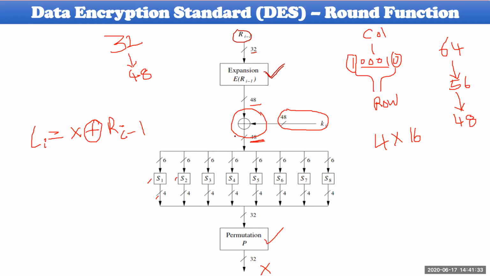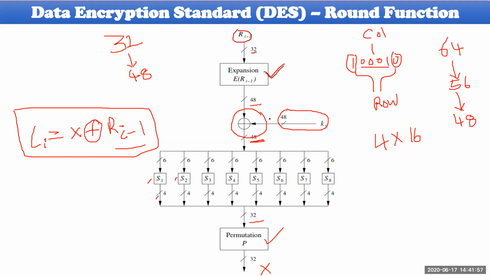Through the S boxes it will be converted again to 32 bits. These 32 bits will be exclusive ORed with the output of this round function with Ri-1. Then this will be sent as Li to the next round.